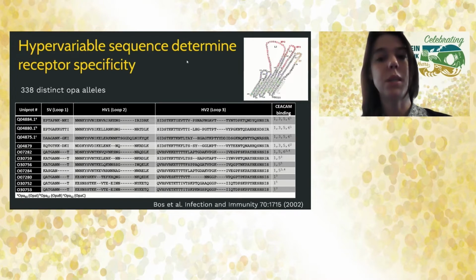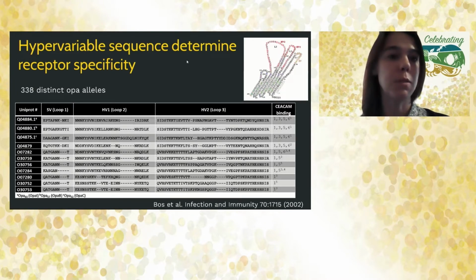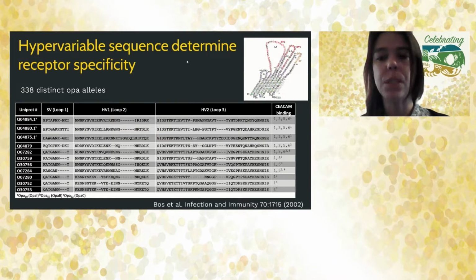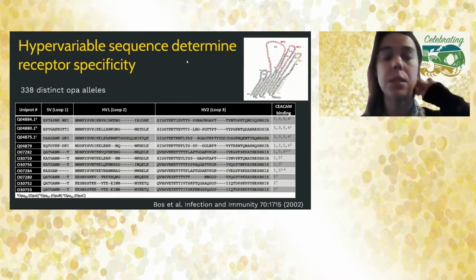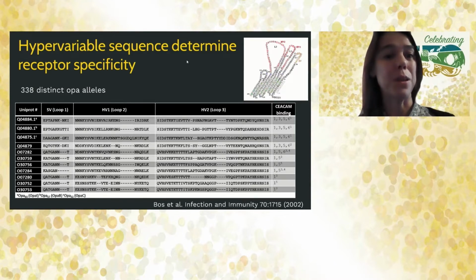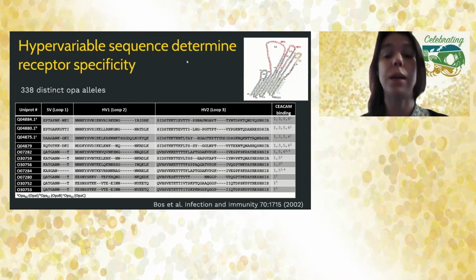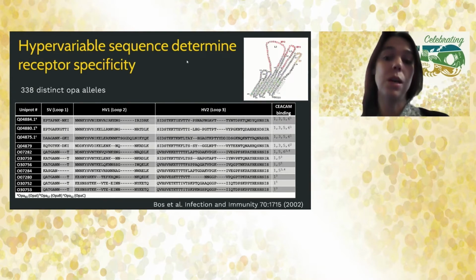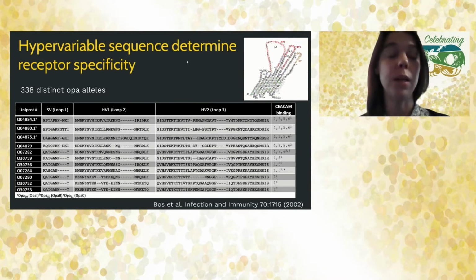And if you notice in HV2, there's at least 3 to 4 prolines within a 15 residue region of the sequence. Those positions are never conserved, but they're present. We don't know what to make of all this, but these are the observations. These sequences are just too variable to find motifs to say, if you have these characteristics, you will bind CEACAM1 and only CEACAM1, and if you have this motif, you'll bind all four. And so we need structures.